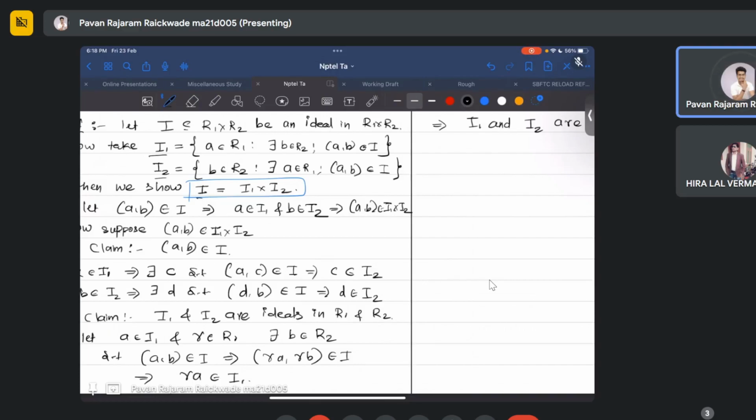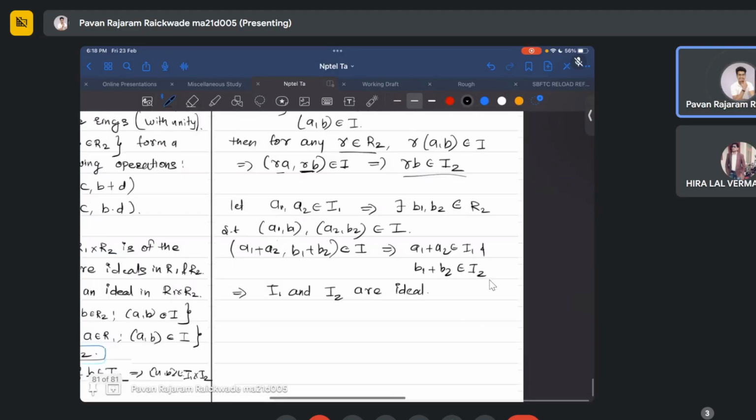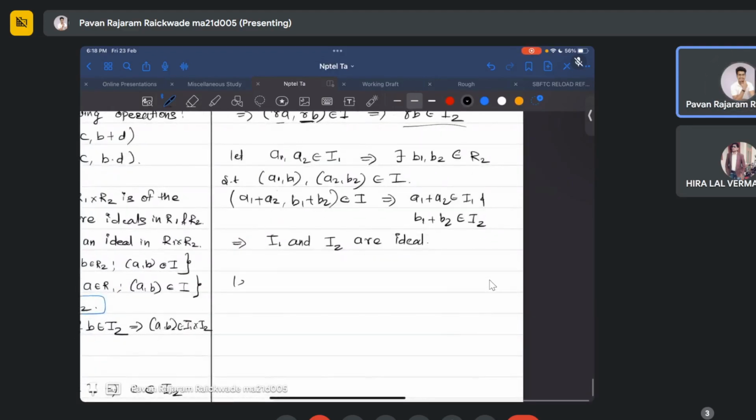Now what? Okay, I'll restate here. What I want to show is: let (a, b) belong to I1 cross I2. The claim is that the pair (a, b) should also belong to I. This is the claim.